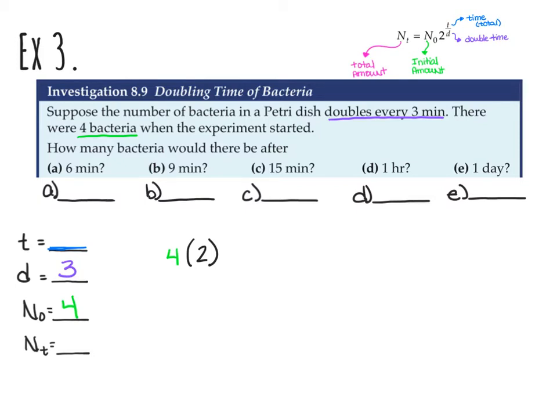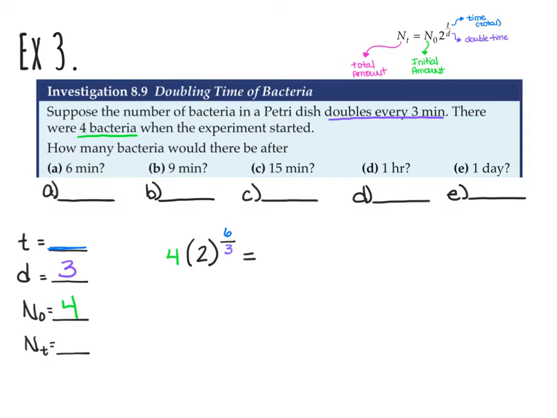So T, we're going to start with A. So we'll make that 6 over the doubling time. It says the doubling time occurs every 3 minutes. So that would be 3. And we're going to see what that equals. Go plug that into your calculator. You can use Desmos or a regular calculator. I think for me, I'm going to go ahead and just do it by hand.